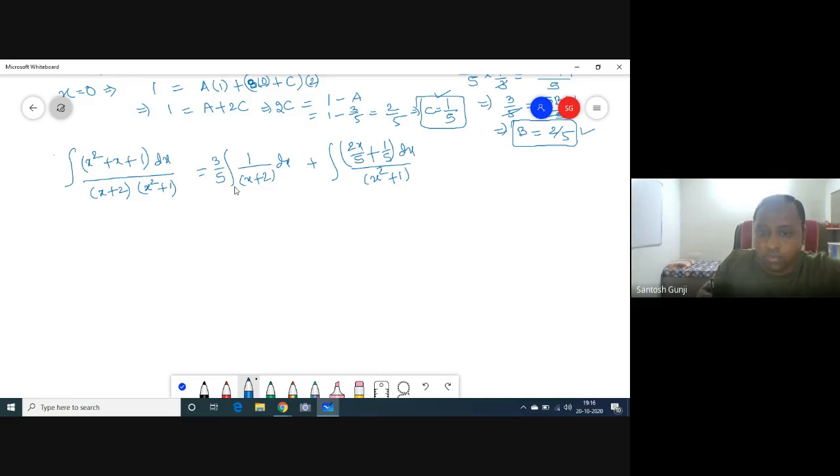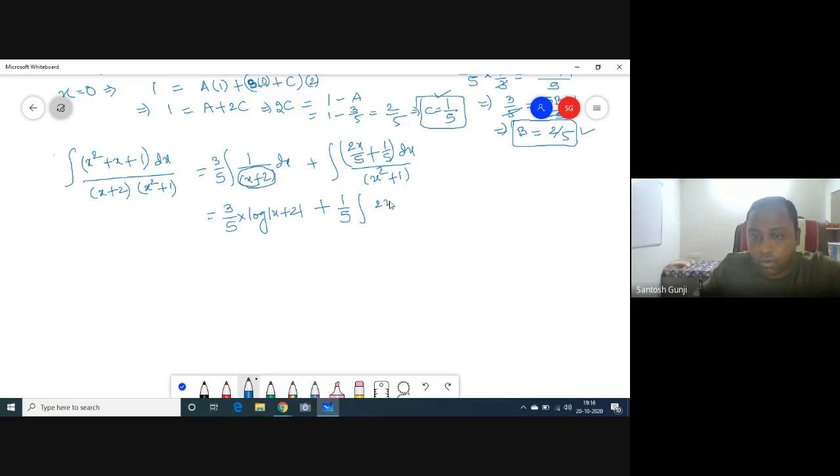So what is the use of this partial fraction? Now see how it can be reduced to a simpler one. The integration of 1 upon x plus 2 will be log of x plus 2, since it's a linear one, I can directly apply the formula. And for the second, the LCM is 5, so 2x plus 1 by 5, I can keep 1 by 5 as a constant.